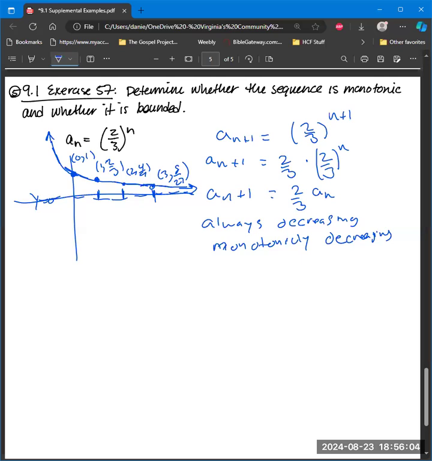So it's bounded below by 0. So that means that it converges based off of our theorem.